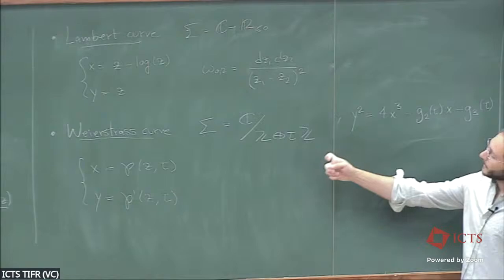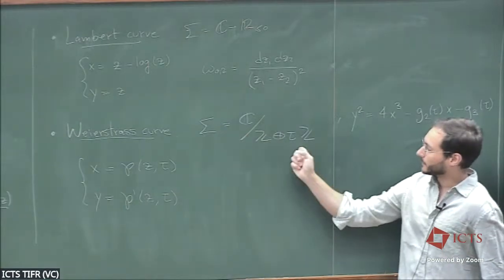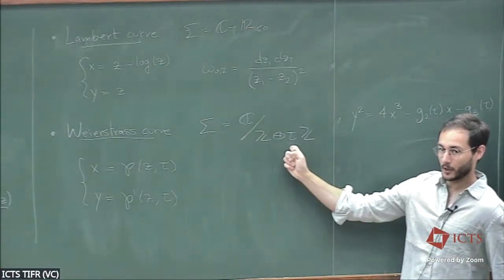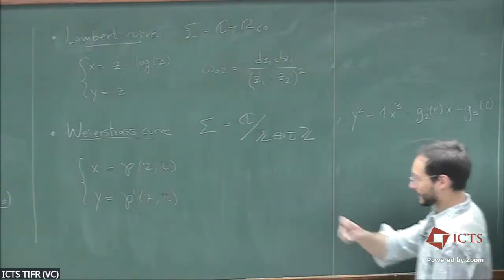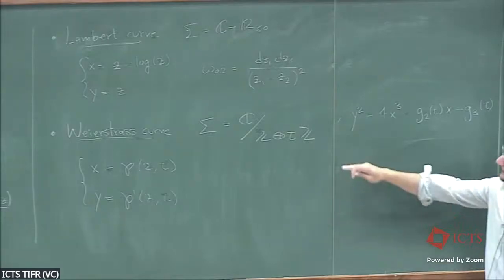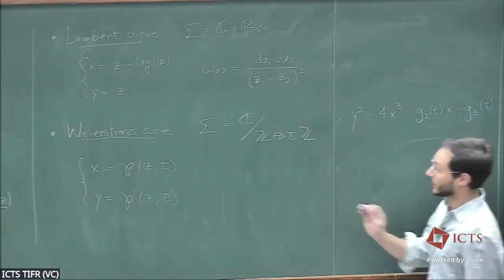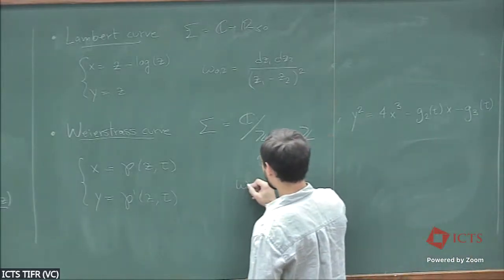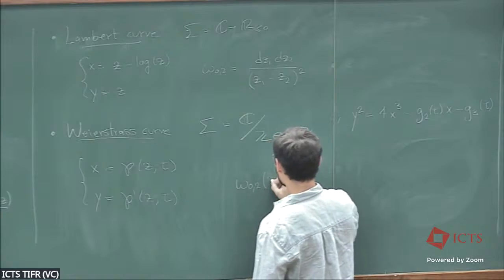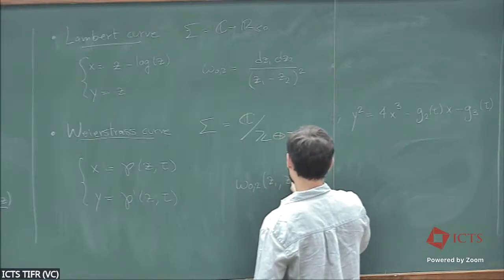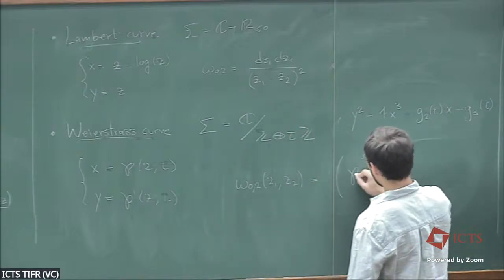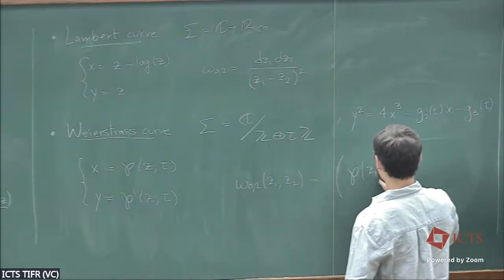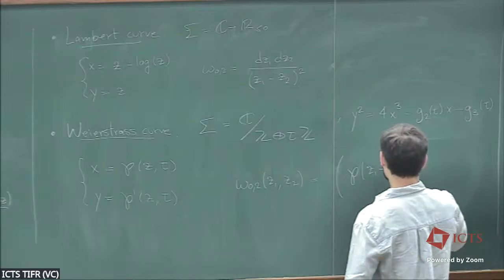And this is a compact case, and because I presented sigma in this way, it comes with canonical A and B cycles. So thanks to the fact that I stated before, you should have a unique omega 02 in this case, and it's given by the following formula. So omega 02 in this case, it's once again the Weierstrass P function. So it's Weierstrass P at Z1 minus Z2.